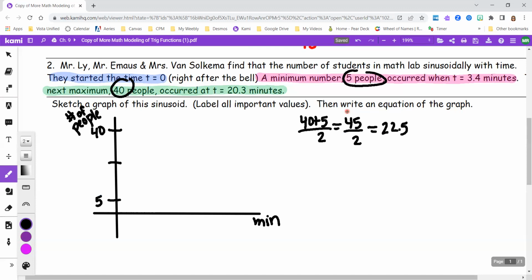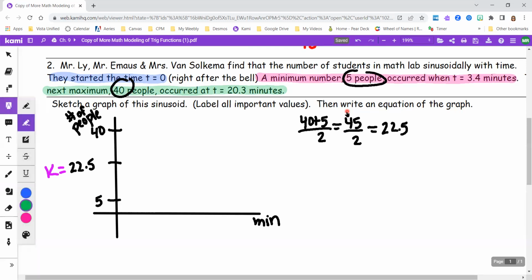That's going to be my center. That's going to be my K. So 22.5 is going to be my K. That is going to be my vertical shift. So this is my high and low, and then this is my middle.